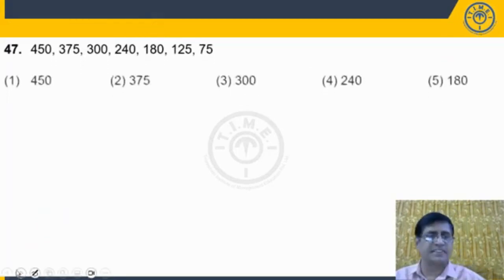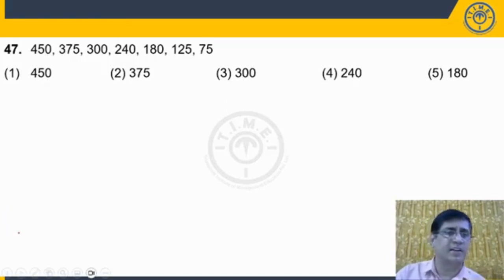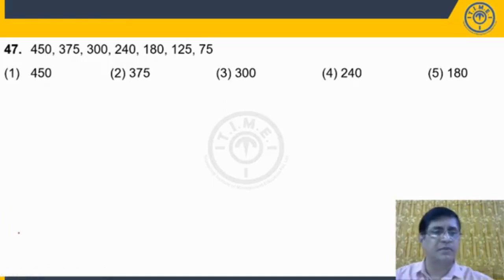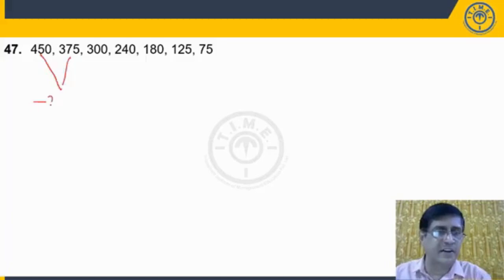Now look at the next example. Just observe the difference between the numbers, how they are related. Now 450, 375, 300 and so on. If we check the difference of these two, how much is the difference? That is minus 75.